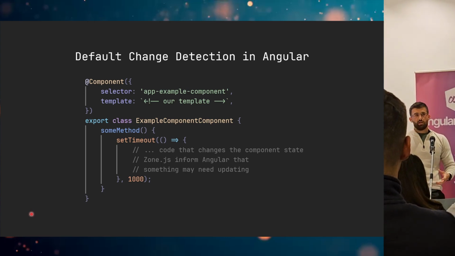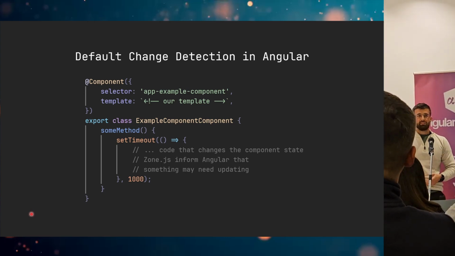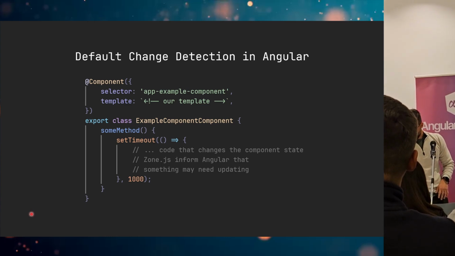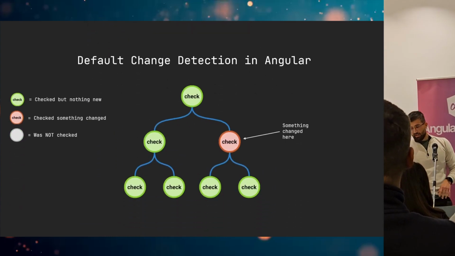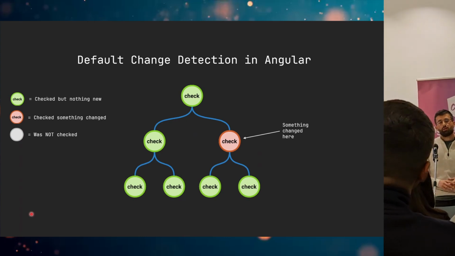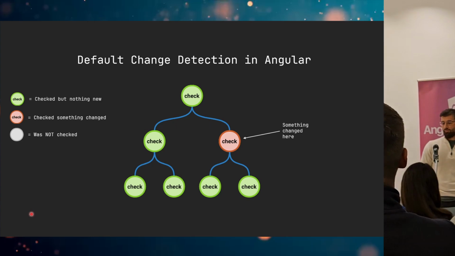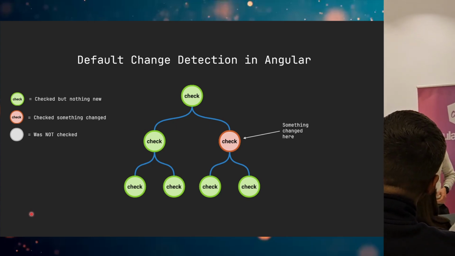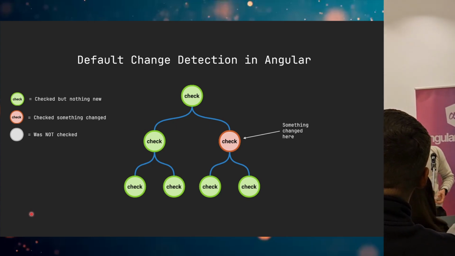And it basically tells Angular that a change has occurred, but it doesn't really pinpoint where this happened. So by default, Angular has to resort to a change detection mechanism called dirty checking, which basically means that you have to check the whole component tree just to find where this change has occurred. Which of course in larger applications can hit the performance dramatically.